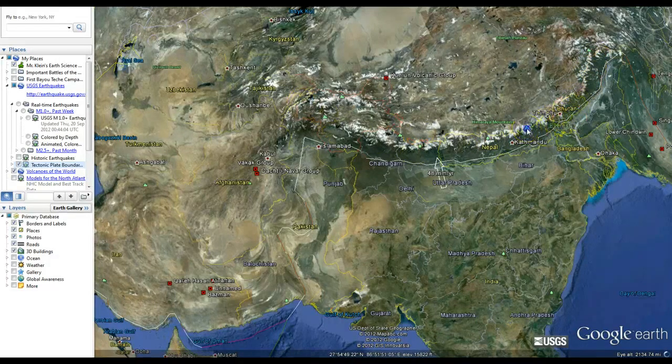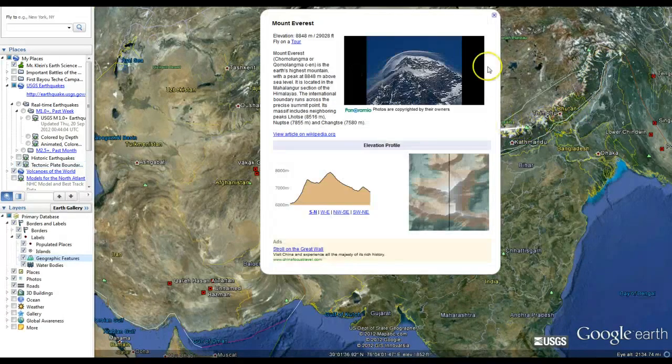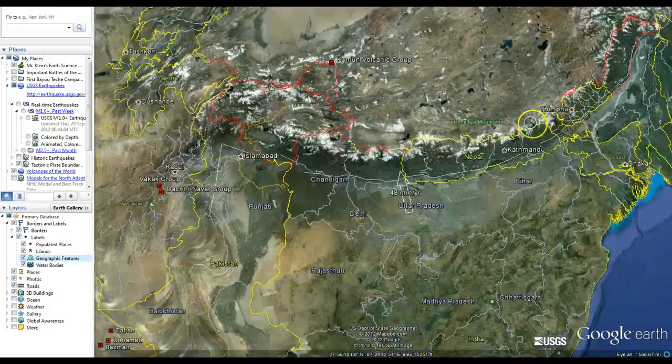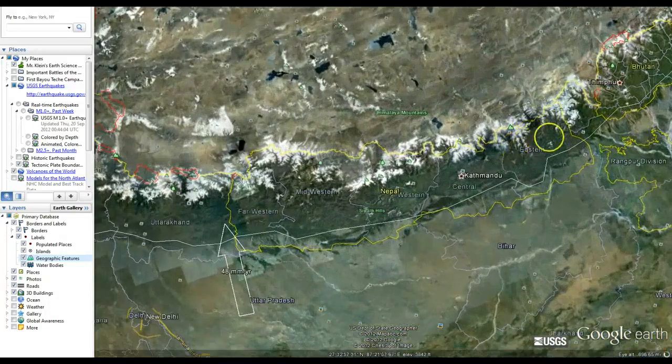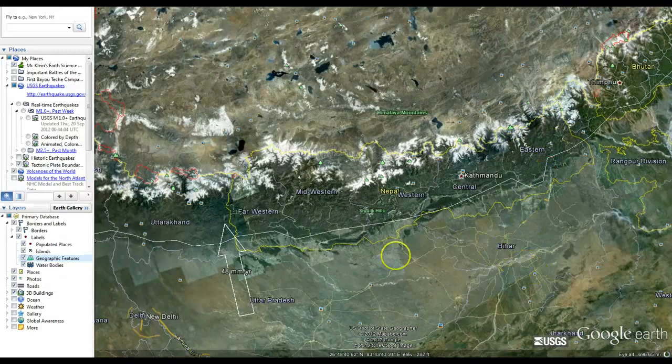Here is Mount Everest, the tallest mountain in the world, 29,028 feet. It's so high it actually reaches the jet stream. So these mountains are a result of the Indian plate running into the Eurasian plate, and they're pushing up against each other, and they're forming mountains.